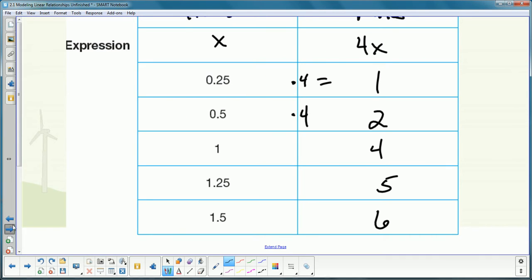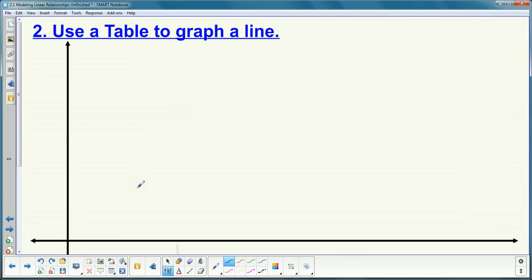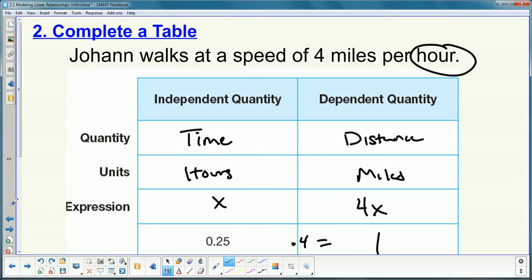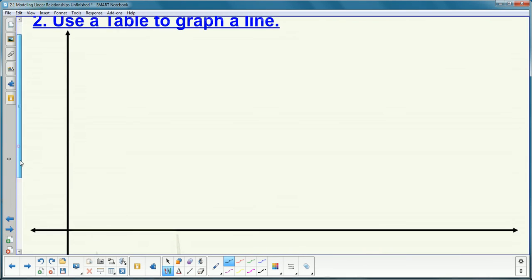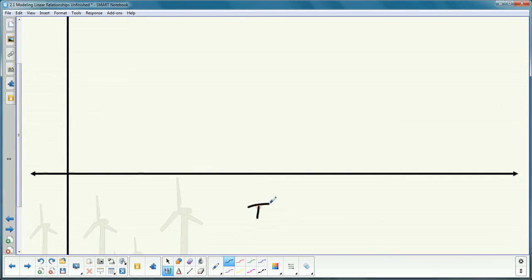Now, we can use that table to draw a line. And you'll notice in our table, our independent quantity always goes along the bottom, so I'm going to label this as time, and in parentheses I'm going to write my unit, hours, and then up the side here we have distance, and I'm going to label that unit as miles.